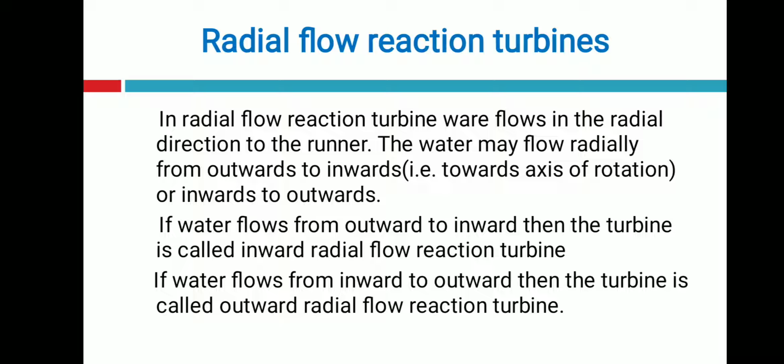If water flows from outward to inward, the turbine is called an inward radial flow reaction turbine. If the water flows from inward to outward, the turbine is called an outward flow reaction turbine. Remember the difference, this is a very important point. Water coming from outward to inward is called an inward flow reaction turbine, and water moving from inward to outward is called an outward flow reaction turbine.